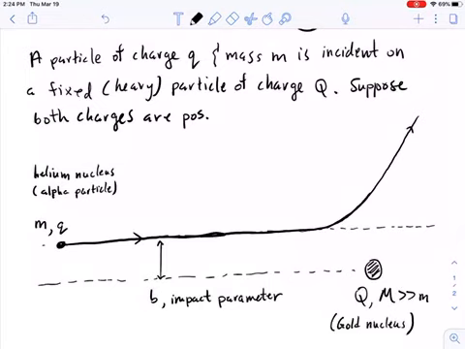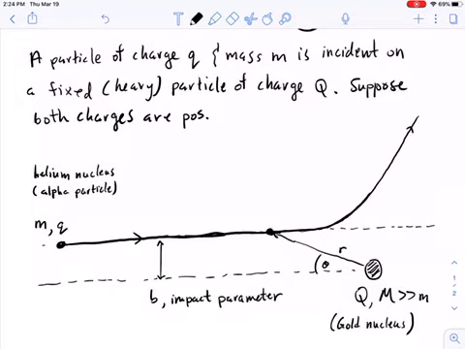Anyways, what we could do is say, at some point in time, maybe the position of our alpha particle relative to the gold nucleus is here, and there's some radius r, and here is some angle theta.